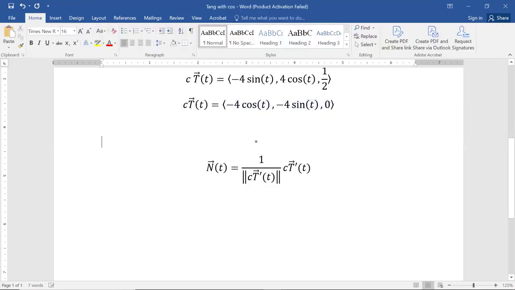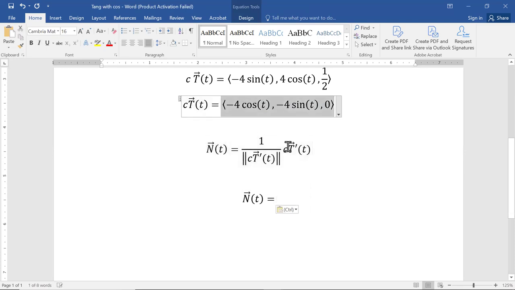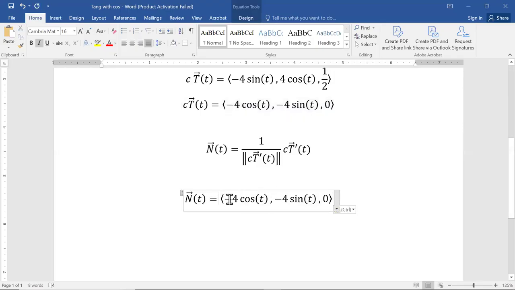So if I'm finding the unit normal vector, I'll do that down here. All I have to do is take this vector, that's my constant, times derivative of unit tangent, and then make it unit length.